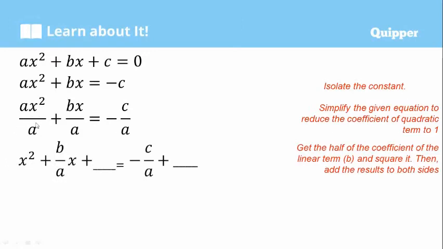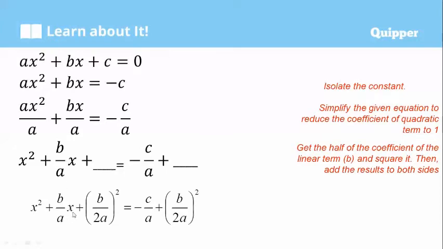We have here ax squared divided by a, so we have x squared. Bx divided by a, so we have b over a times x, plus the square of half of the coefficient of the linear term, then negative c over a plus the same result. Half of b over a: we multiply it by 1/2, so we have b over 2a.